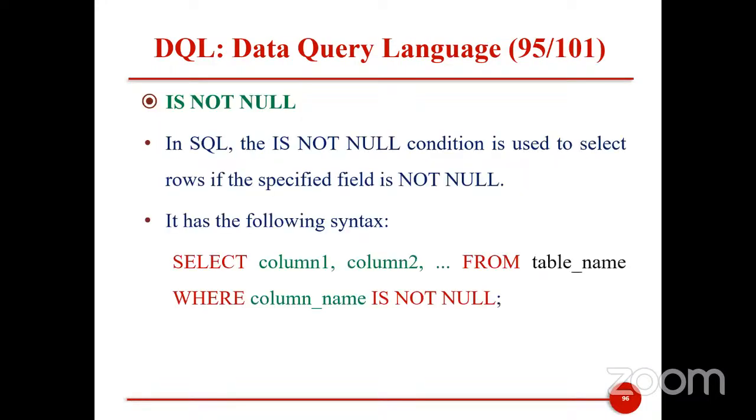Then is not null. In SQL, the is not null condition is used to select rows if the specified field is not null. It has the following syntax: select the columns from table where column name is not null.